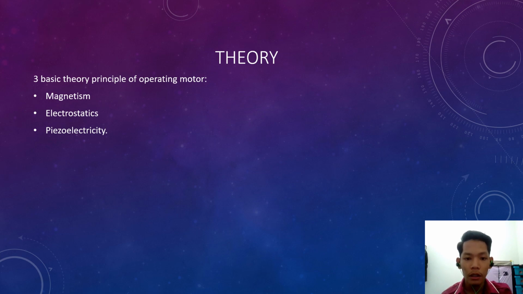The product of these two fields produces a force and consequently a torque on the motor shaft. One of these fields must be changed while the motor rotates. This is accomplished by switching the poles on and off at the appropriate time, or by adjusting the pole's strength. Fleming's left-hand rule and Fleming's right-hand rule are the fundamentals of magnetism and electrostatic rules.